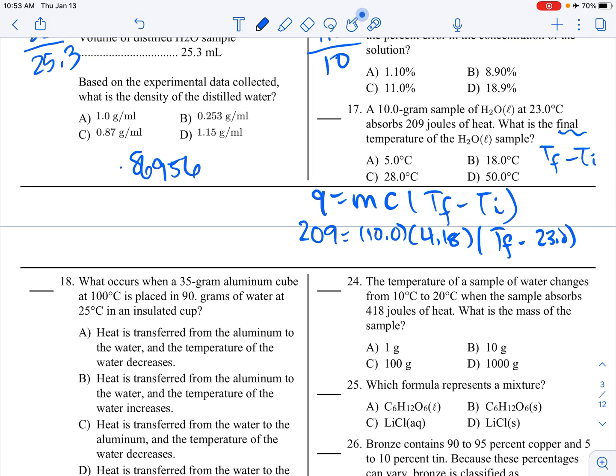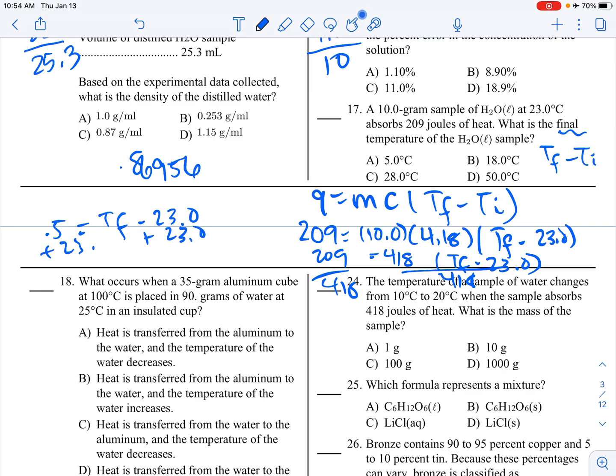So this is 10 times 4.18, which is 418, times TF minus 23 equals 209. Divide both sides by 418. I'm going to have to go over here now. So this is 0.5 equals TF minus 23.0, which means add 23 to both sides and you get 23.5.